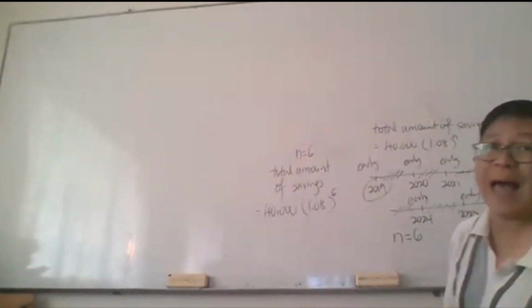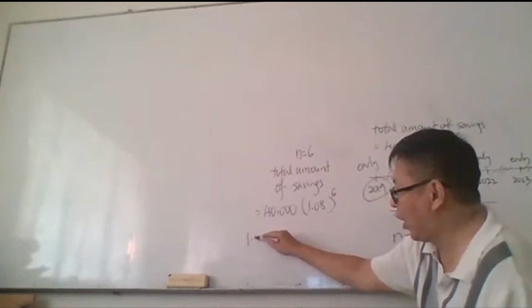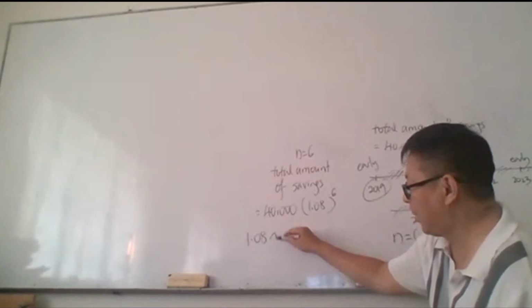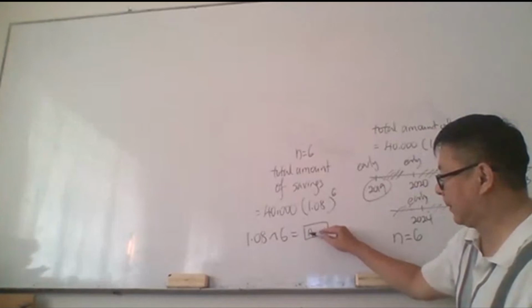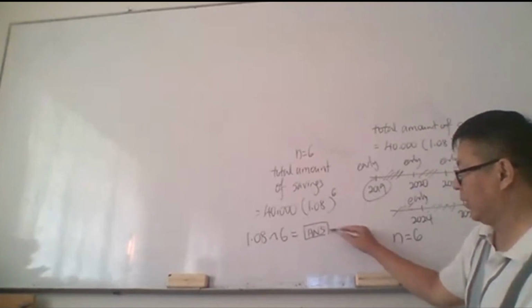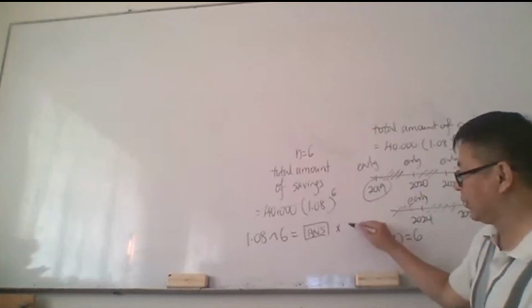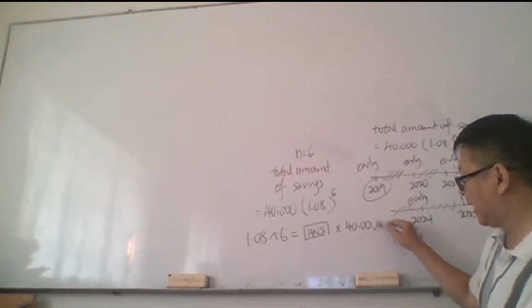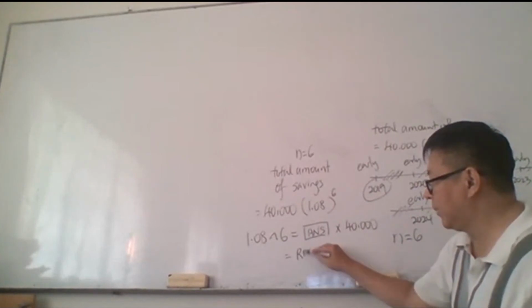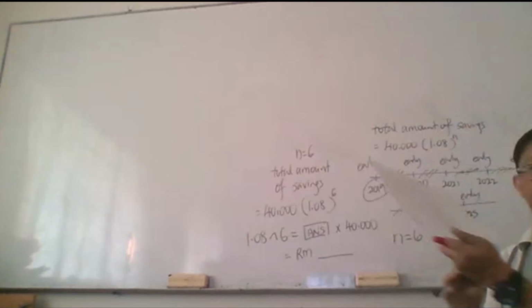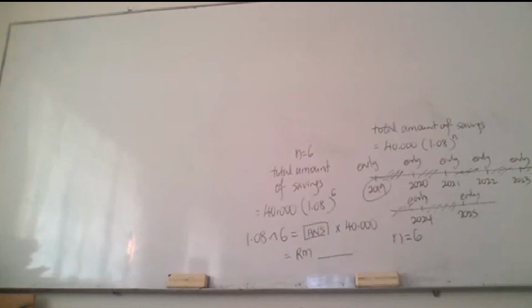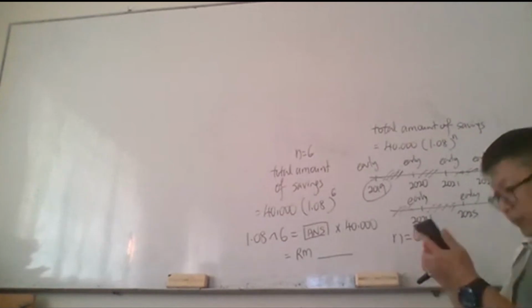Then you can use your calculator, 1.08 to the power of 6, equal, you will get the answer. Once you get your answer, you multiply by 40,000. I'm using my calculator to see what the result is.